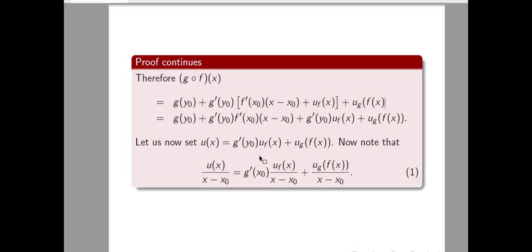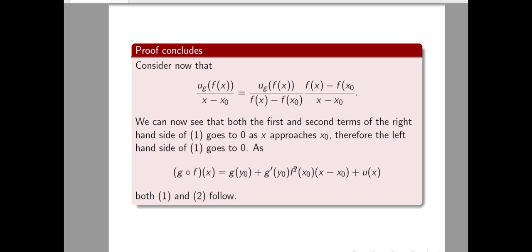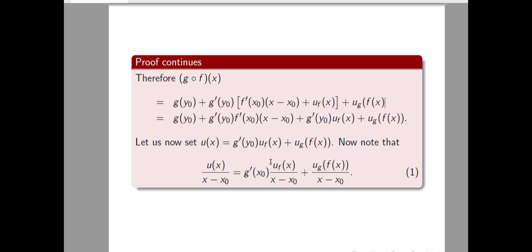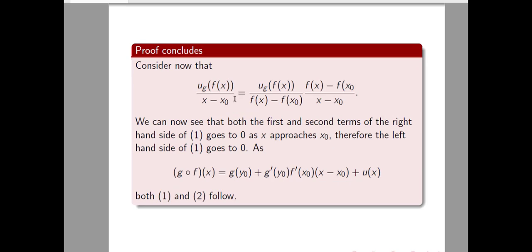and then calculate u of x over x minus x naught. Okay, we get this expression here. I can then do some rearrangement on it. Look at this u sub f of x over x minus x naught term.